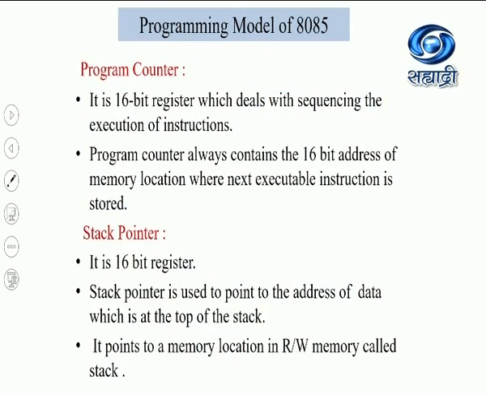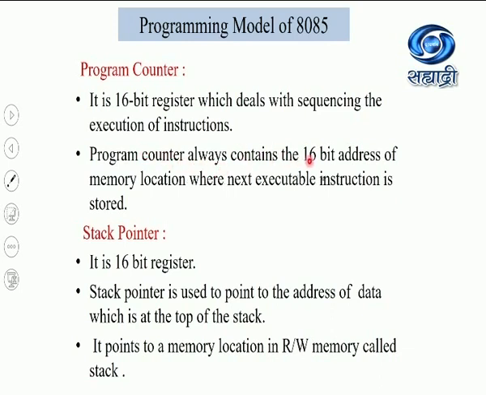Program counter. It is 16-bit register which deals with sequencing the execution of instructions. So as you know, program is a sequence of instruction. So program counter tells microprocessor which is the next instruction to be executed. Now, why it is 16-bit? Because it contains address of a memory location where next instruction is stored.